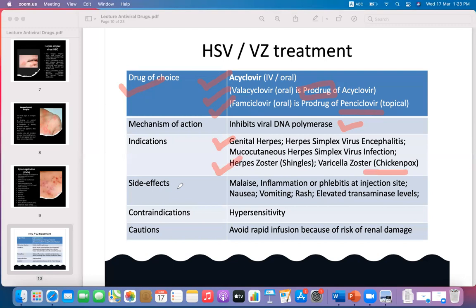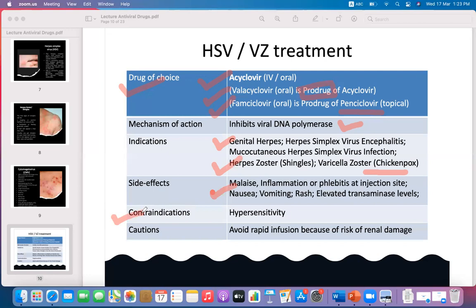Side effects include malaise, inflammation or phlebitis at the injection site, nausea, vomiting, rash, and elevated transaminase levels. Contraindication: if the patient has documented hypersensitivity.